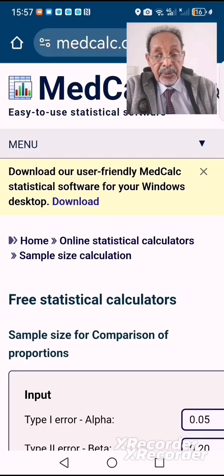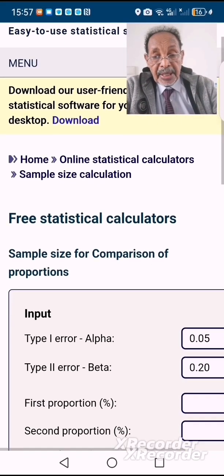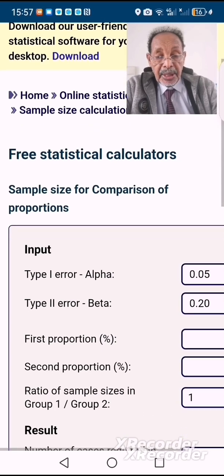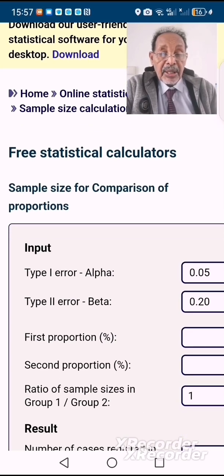Then we have to insert the expected data. Here, this calculator, the MedCalc, will use type 1 error, which is equivalent to the significance ratio 0.05.